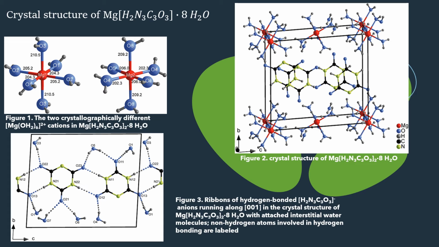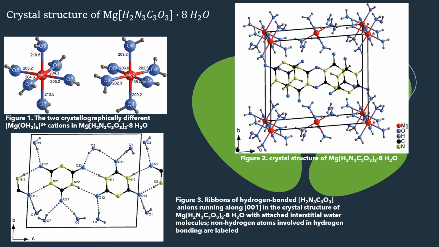In total, a 3-dimensional hydrogen bond network with distances and angles typical for this kind of compound results, which is able to stabilize hydrated magnesium cations in layers as well as dihydrogen isocyanurate anions in ribbons within the crystal structure of magnesium cyanurate.